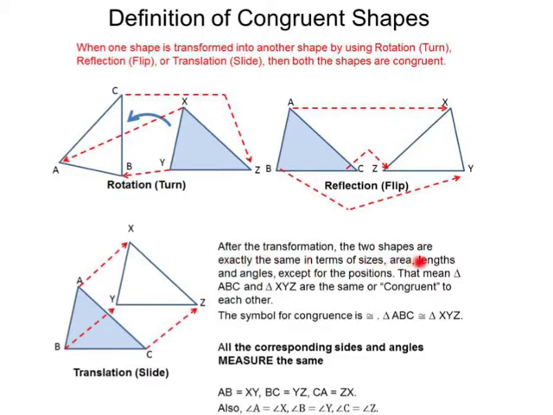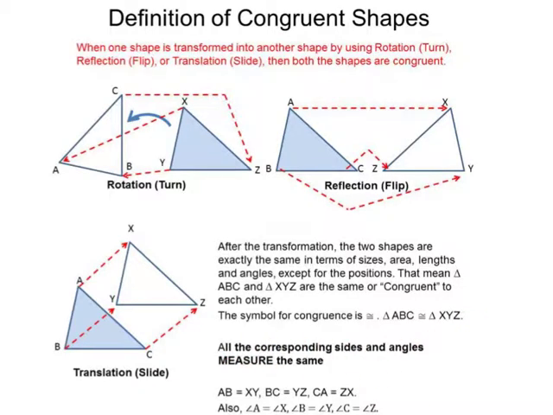After the transformation, the two shapes have to be exactly the same in terms of sizes, areas, lengths, and angles. Their position is the only thing that does not have to be the same. Here's the symbol for congruence. Okay, so angle ABC is approximately congruent with angle XYZ.